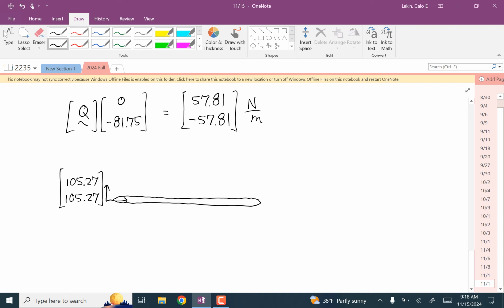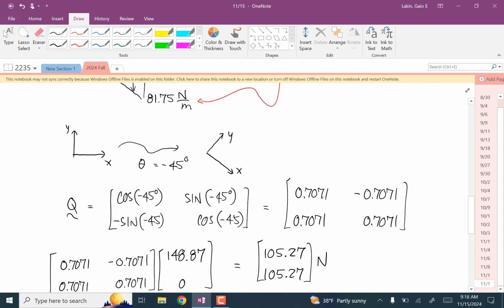I wouldn't waste the effort drawing the directions of these components or approximating the direction of that vector, because you're just going to be using vector components for your calculations. So you might as well just put this in like this.